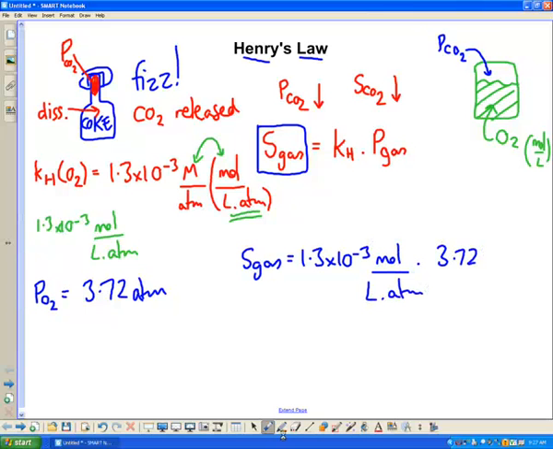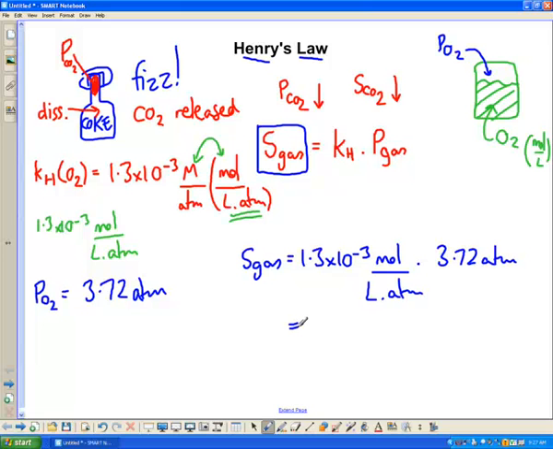Sorry guys, I just noticed that should be partial pressure of oxygen, not CO2. I have CO2 on the brain. There we go. So the partial pressure of my oxygen here is 3.72 atmospheres. I haven't got my calculator to hand, so let me just find that.